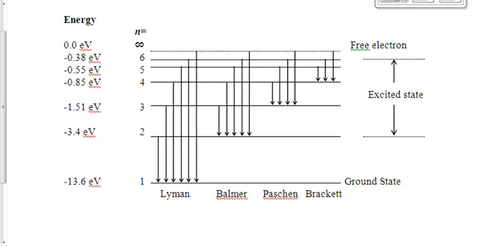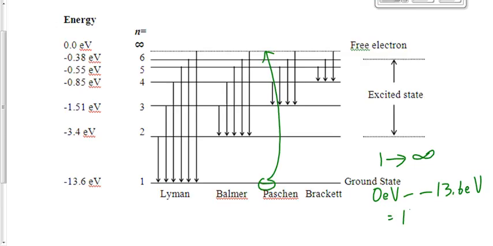Well, if the electron is on the first level, if we want to ionize it, we've got to get it to the infinite level, to the surface of the Earth, right? Outside of the Earth, outside of the atom. So in other words, we've got to go from level 1 to level infinite. We have to subtract 0 electron volts, our final energy, minus negative 13.6 electron volts, our initial energy. And when we do that, we end up getting positive 13.6 electron volts.